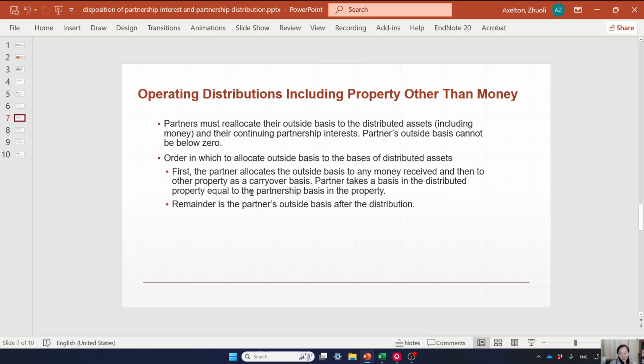So it's basically the inside basis in the property. And the remainder is the partner's outside basis after the distribution. So it's a tiered approach. So when you go through the homework, you want to go slow on this calculation here and really figure out how this calculation is done.